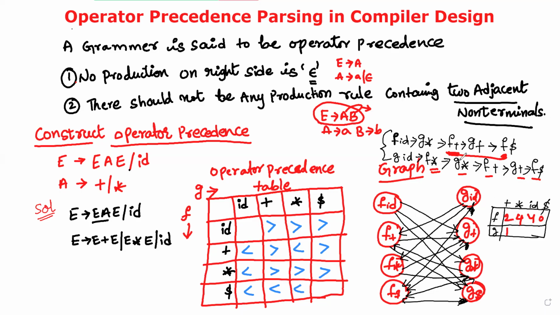Star, g star, 1, 2, 3, the distance is 3. g of id, 1, 2, 3, 4, 5. Now you can see g dollar. There is nothing for g dollar, hence we can say 0. So this is a way to construct the operator precedence parsing, friends.